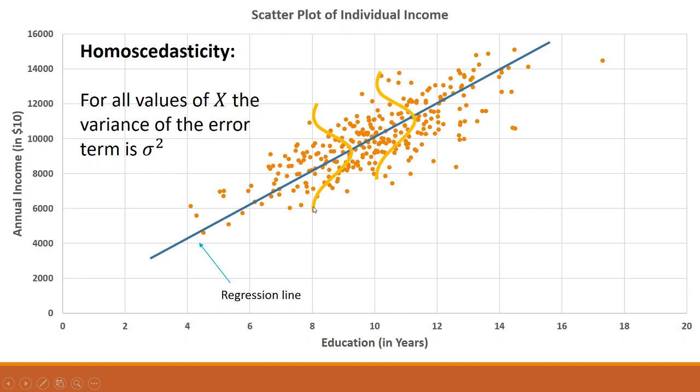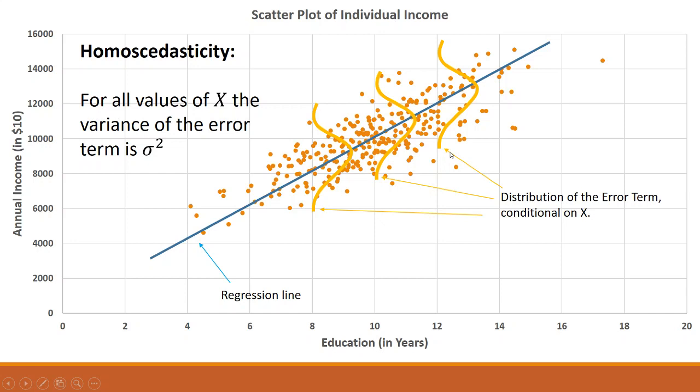What we're saying is that there's the same distribution of the error term no matter what years of education you have. So here's 8 years of education, and here's 10 years of education, the exact same distribution. Whether you have 8, 10, or 12 years of education, you have the exact same distribution with the exact same variance.